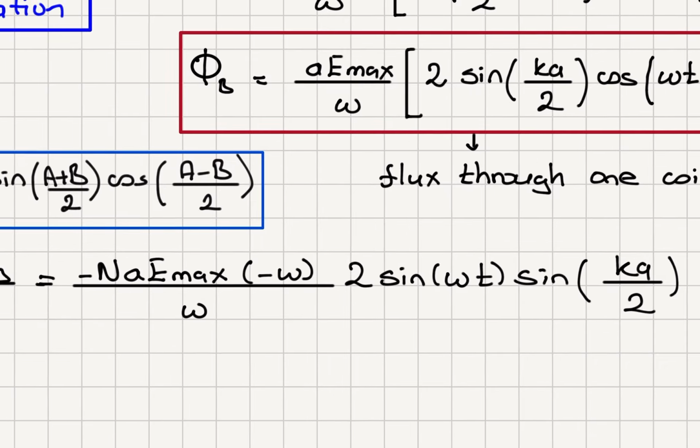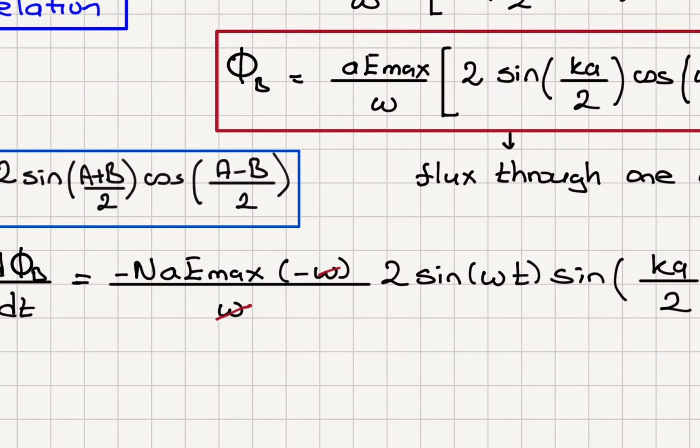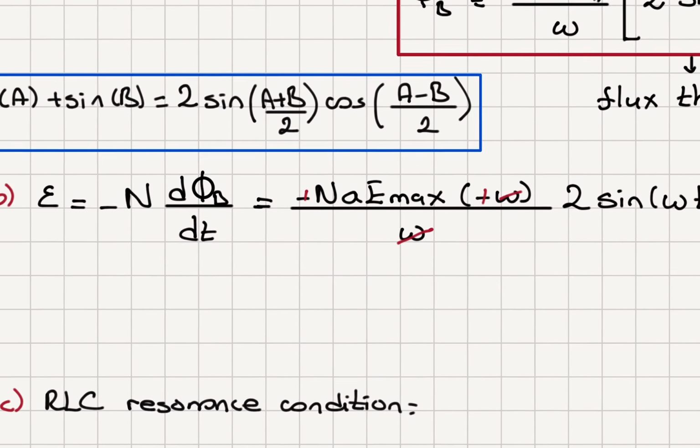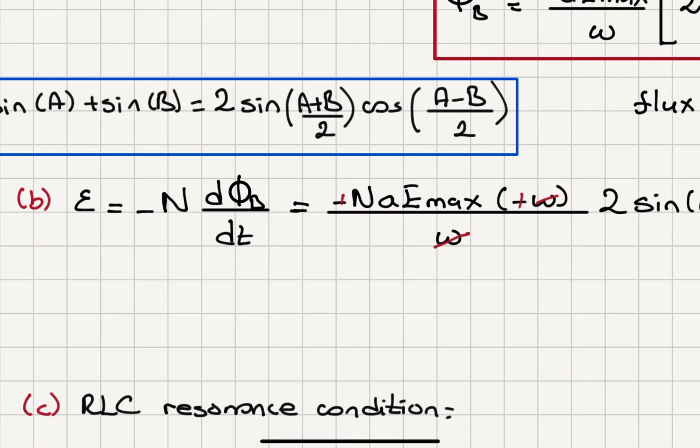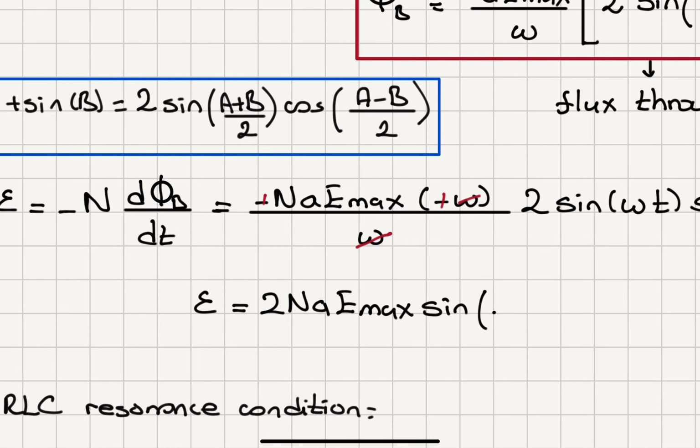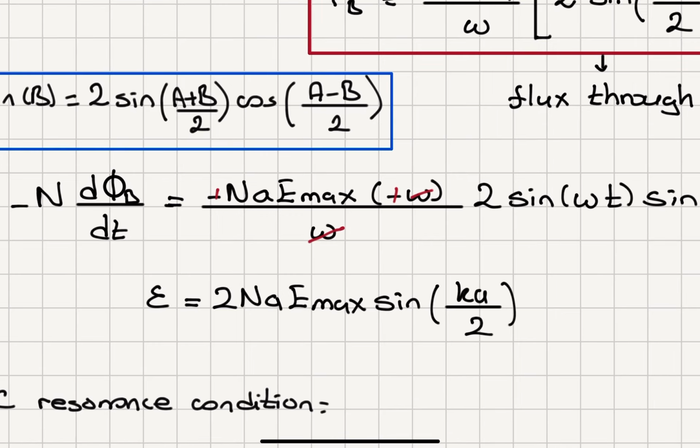So we can see that the omegas will cancel, the minus signs will cancel, and finally we will obtain the induced EMF epsilon is equal to 2 capital N A E max sine Ka over 2 sine omega t.